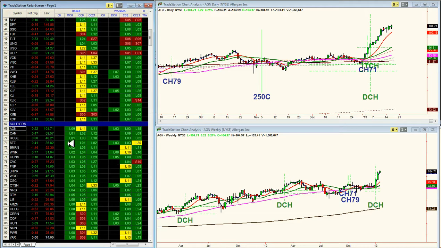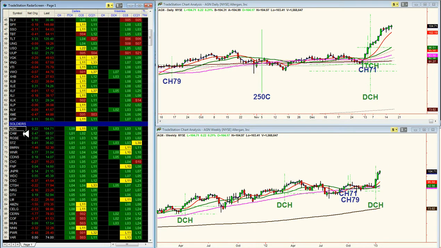You can see that here. At the same time, underneath the weekly column, you see that it fired a DCH 3 weeks ago. So 3 weeks ago, we had an LO1 here and an LO1 green, again an L for long, firing at the same time on both the daily and the weekly chart.